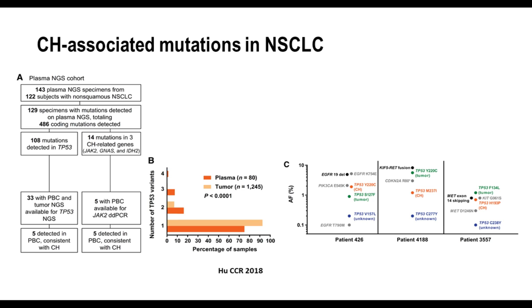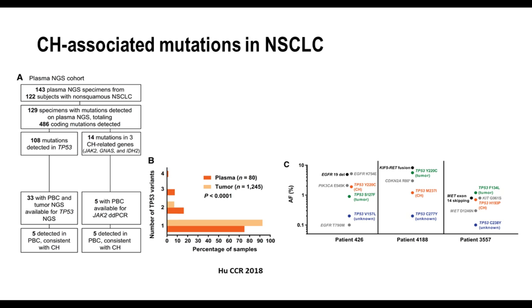Now, the same was demonstrated also for JAK2 mutation. All JAK2 mutations found in the cell-free DNA isolated from the plasma of these individuals were also confirmed in peripheral blood cells, so were clearly related to clonal hematopoiesis. However, when they looked at PC3 mutation, they found that some mutations detected in cell-free DNA were identified neither in the tumor nor in peripheral blood cells.